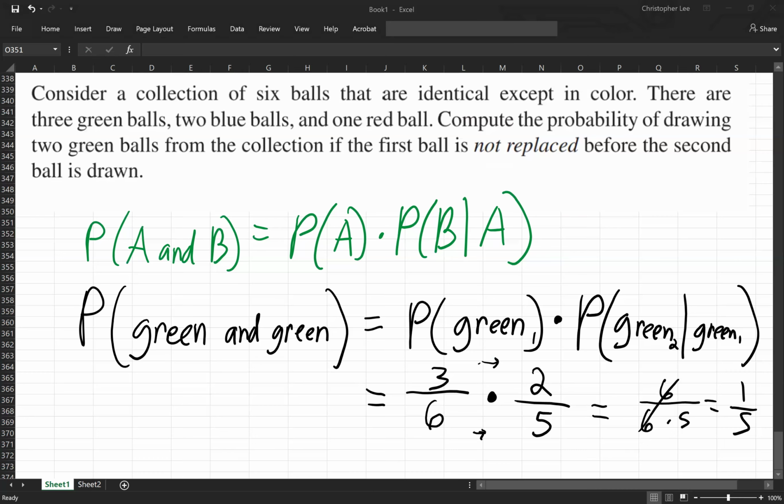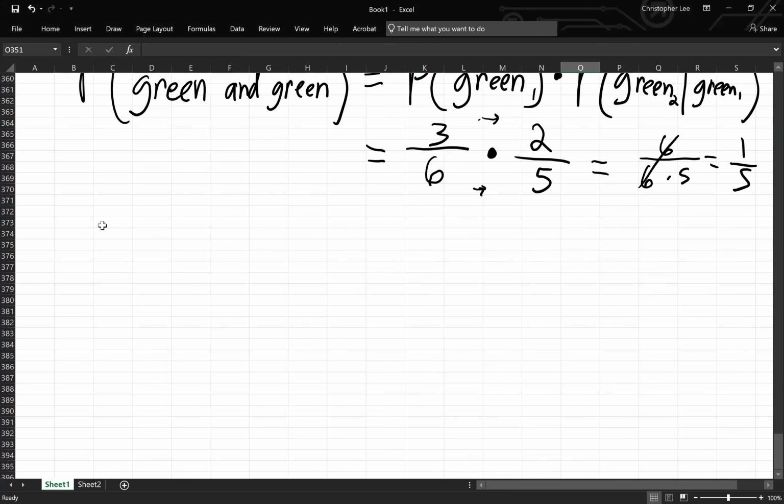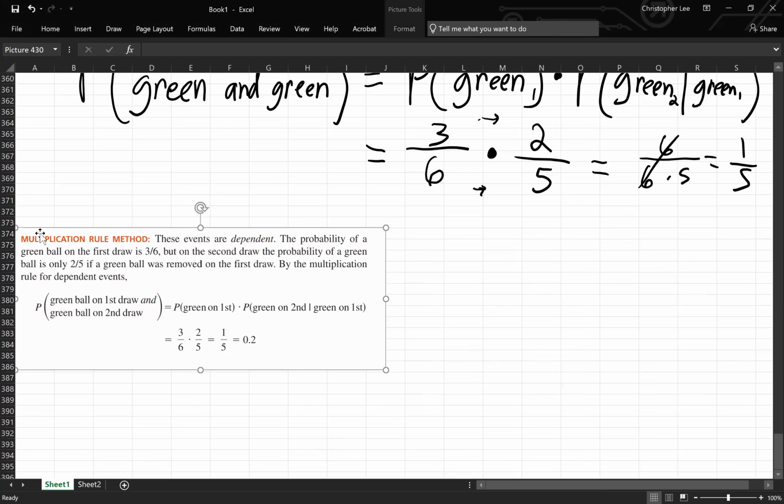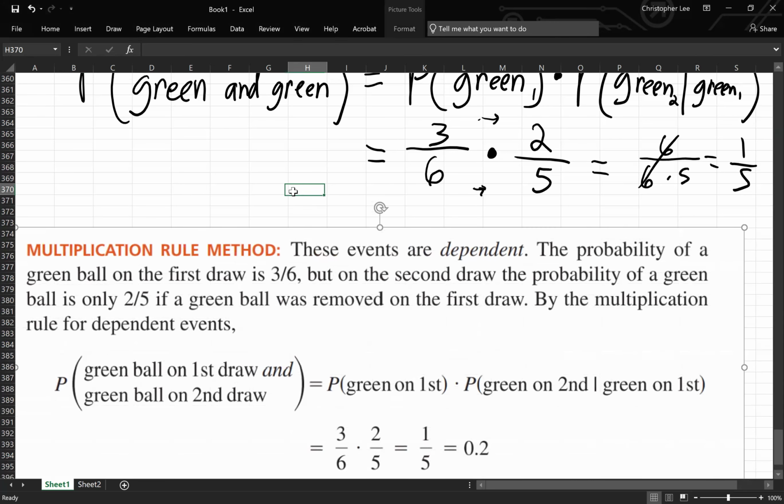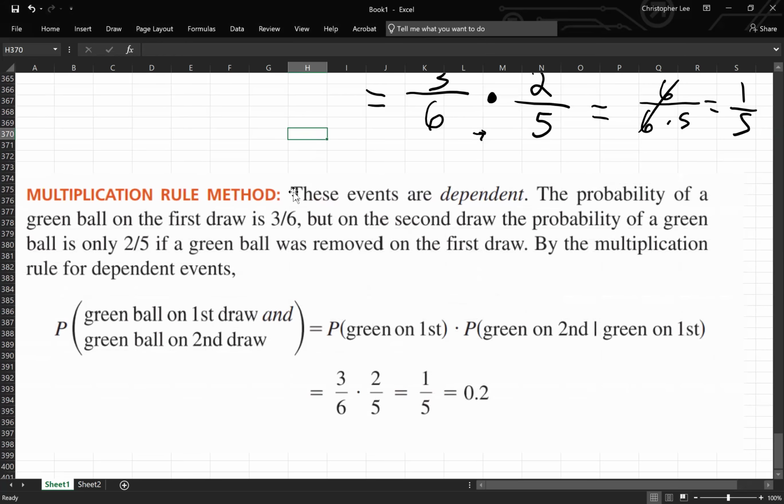Let me show you 2 ways that this question could be answered first before we go to another one. We got the multiplication rule method. These events are dependent. The probability of a green ball on the first draw is 3 out of 6, but on the second draw, the probability of green is only 2 out of 5 if a green ball was removed on the first draw.